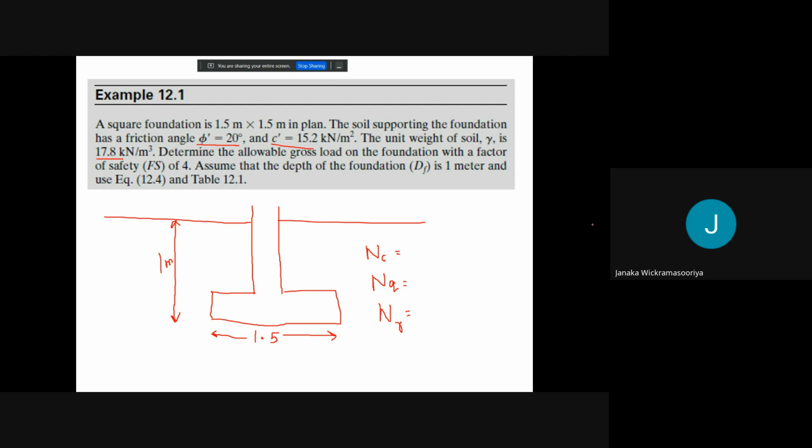So tell me the values for this NC, NQ, and gamma by looking at this table.